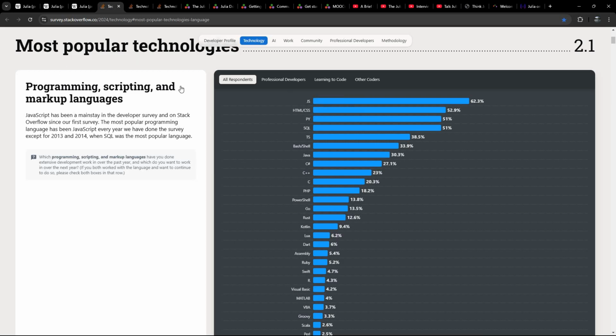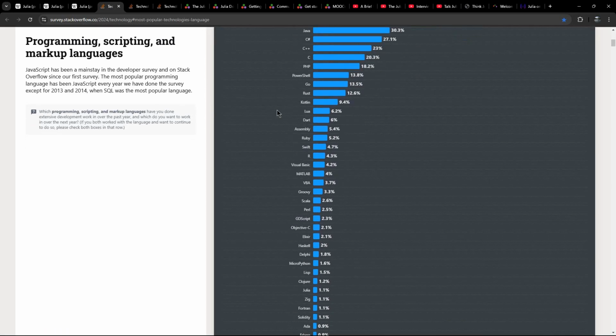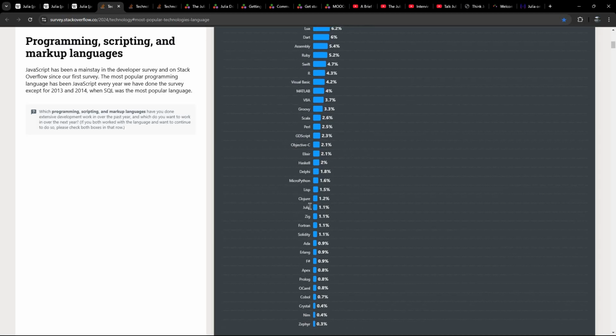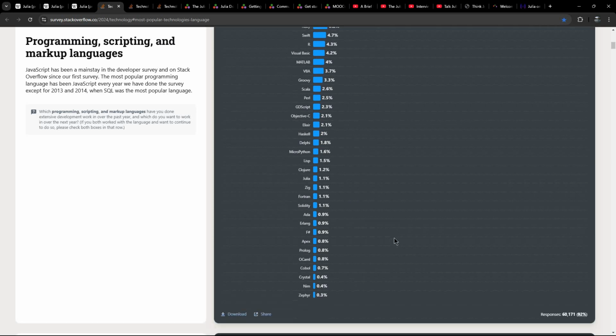You'll notice with most popular technologies, I'm not surprised to see it fairly low down the list on here. It's sort of just after Clojure in popularity and above Zig and Fortran. Now, with languages like this that are fairly specialised or are used in a specialised way, that's not unusual.